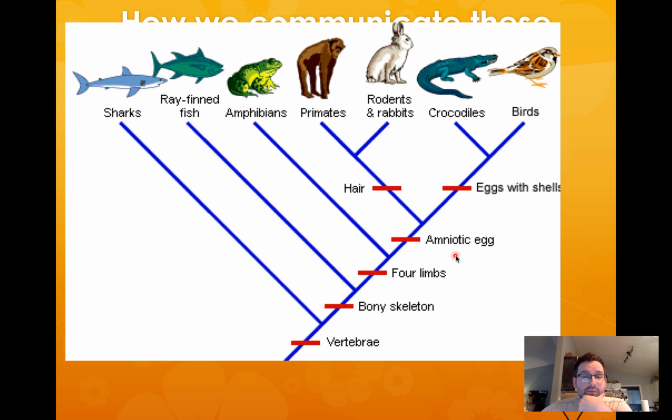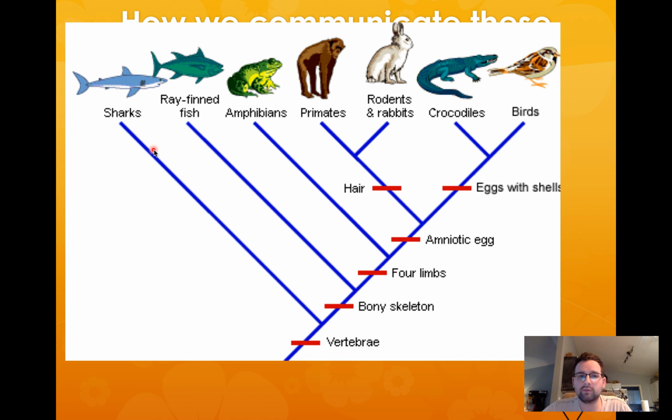This is also showing different traits that you'd find on these different organisms. For example, this red line shows that they are all vertebrates. All of these organisms are vertebrates, meaning they have a backbone. So they all share that characteristic. After here, they have a bony skeleton, meaning bones.